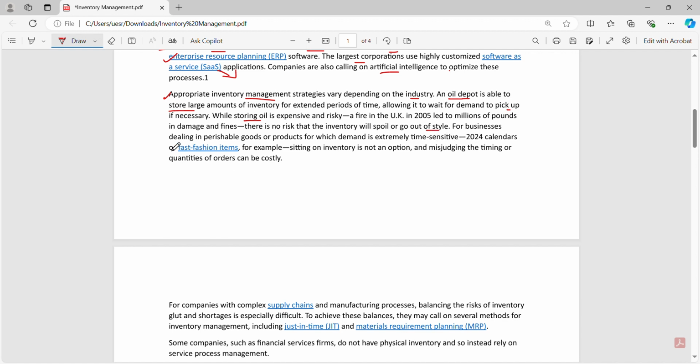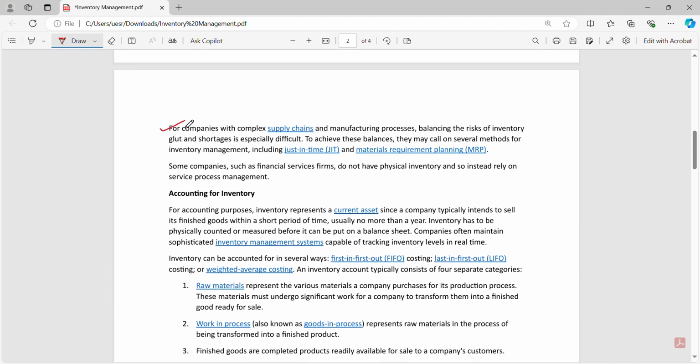For businesses dealing in perishable goods or products for which demand is extremely time sensitive, 2024 calendars or fast fashion items, for example, sitting on inventory is not an option, and misjudging the timing or quantities of orders can be costly. For companies with complex supply chains and manufacturing processes, balancing the risk of inventory glut and shortage is especially difficult.